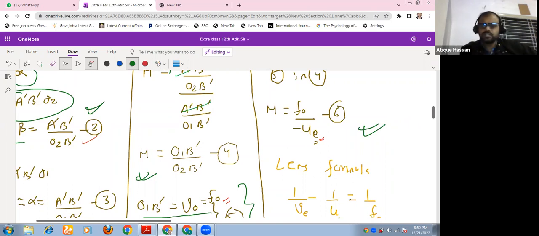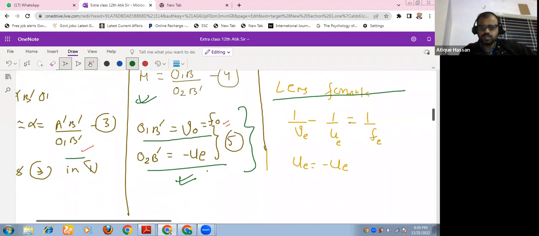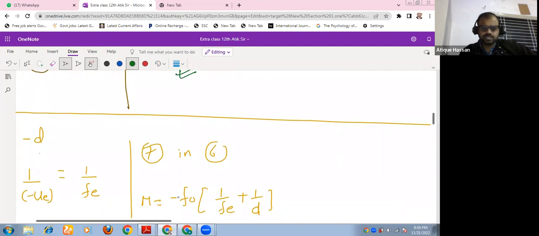So to find the UE, that is the distance of the image from the eyepiece, we will apply the lens formula. And from the lens formula, we know that 1 by V minus 1 by U is equal to 1 by F. So we will apply the lens formula and we'll put the values.